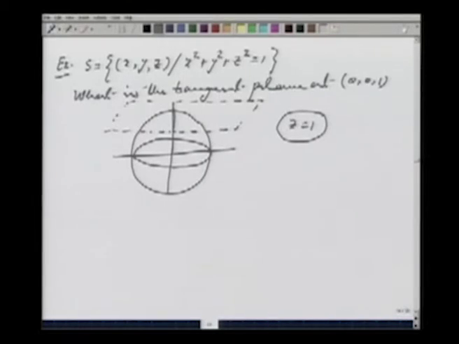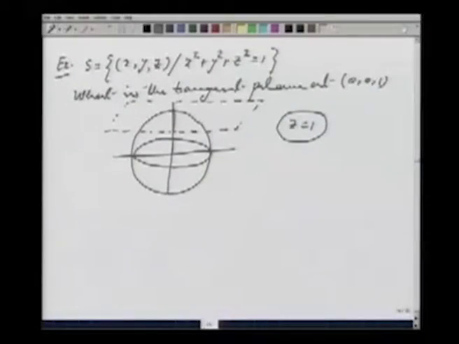Just think of a ball, and on the top of the ball you want to have a plane which is tangential to the ball. Just think like putting a postcard on the ball. Okay? So from the definition of the tangent plane, I am planning to get back that postcard, that is z equal to 1. So let us go by the formulas. So what is my f here? f of x, y, z is x square plus y square plus z square.